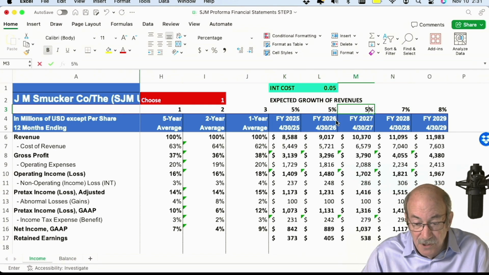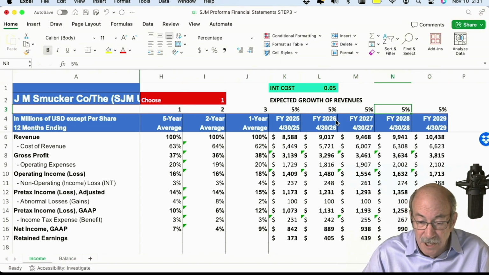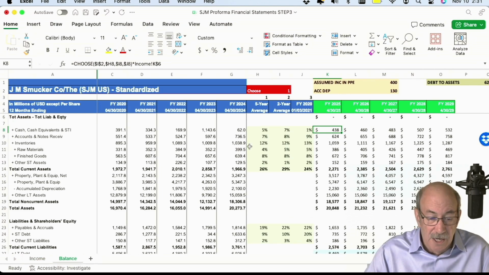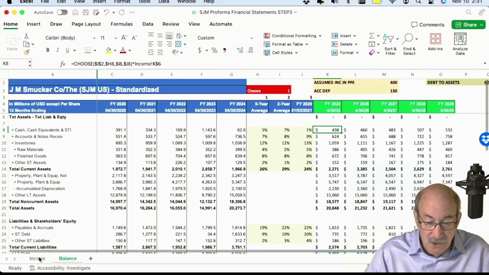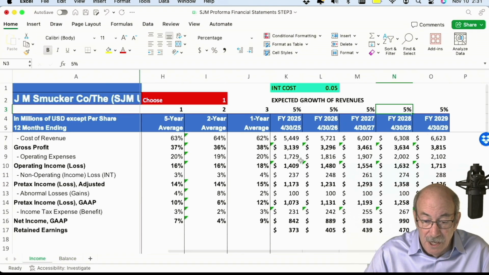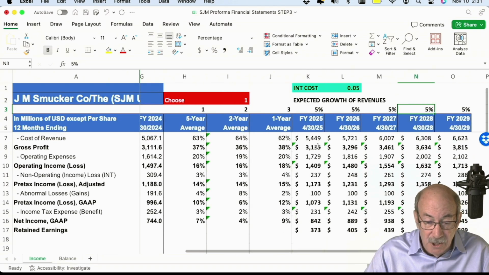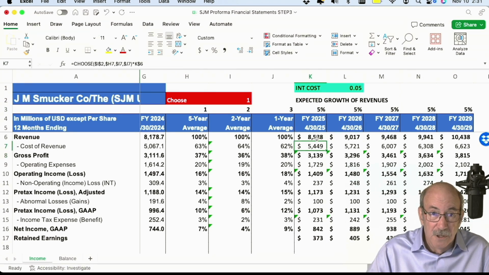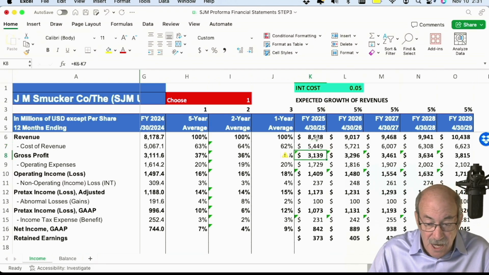Let me shift this back to 5% across the board. All right, so now we've got all of these accounts that spontaneously change with revenues. All of our income statement accounts change with revenues. And you'll notice I'm using that choose function only for the actual accounts, not for the subtotals.